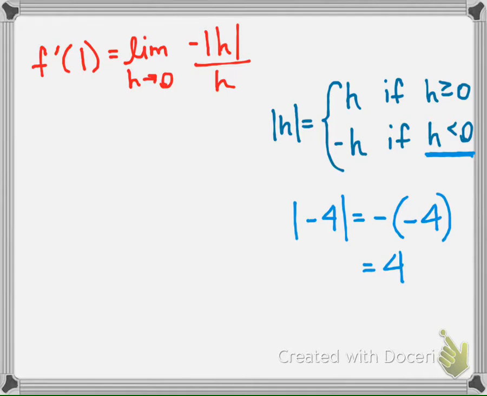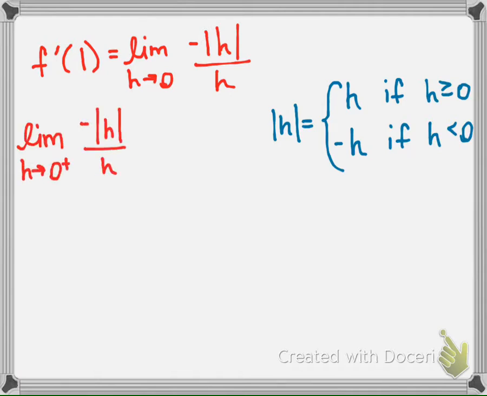So in looking at this piecewise function, you know that the function behaves differently whether h is bigger than or equal to 0 or whether it's less than 0. So we have to take the one-sided limits separately. So that's what we want to do. We want to look at them separately.